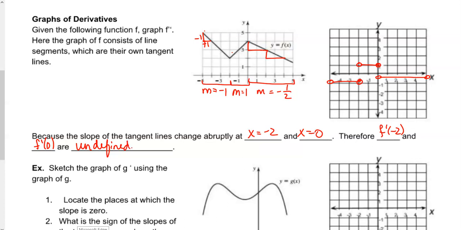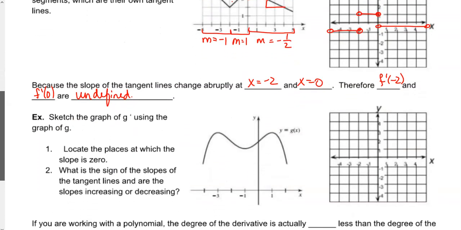It's the same as a limit. Limit from the left has to equal limit from the right for it to exist. A derivative from the left and the derivative from the right have to be equal in order for those to exist. Here we have a slope of negative 1 coming in, here we have a slope of 1. That makes those undefined. Notice that's why we have some open circles within our graph.